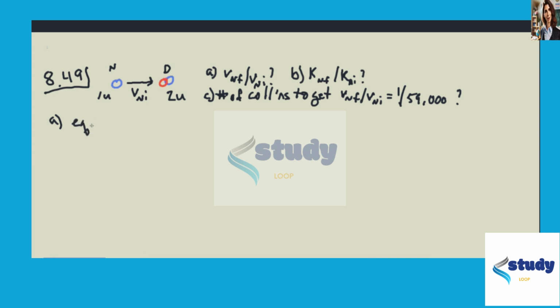So for the elastic collision, we could use equations 8.24 and 8.25. If you want to find out how you get to these, you should go back and look at them.